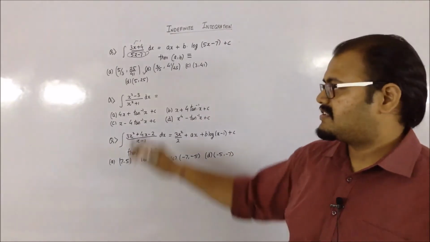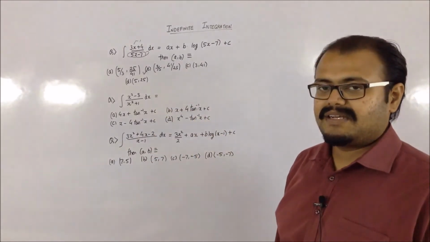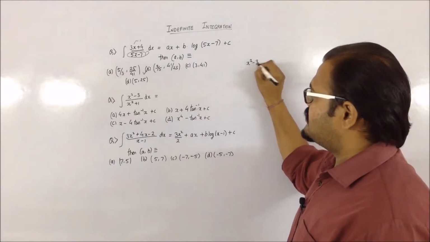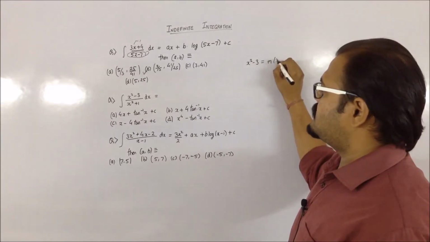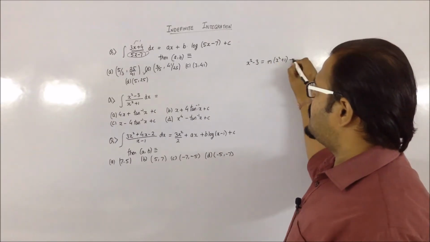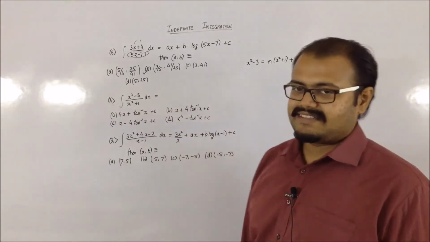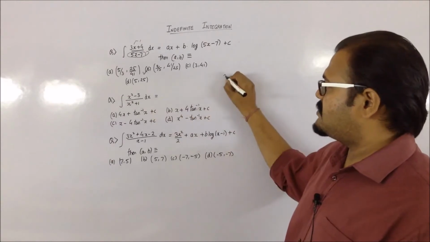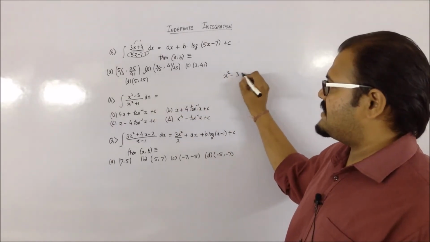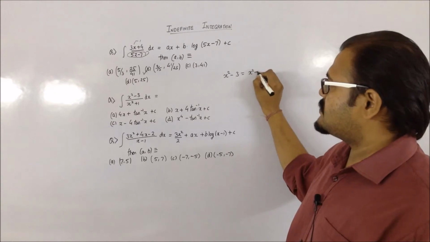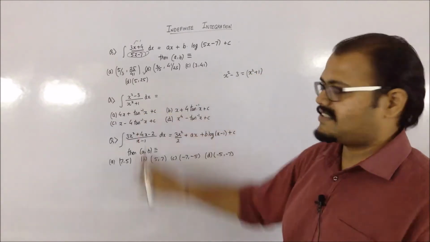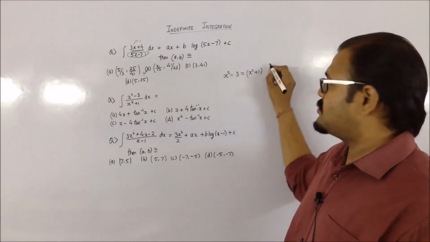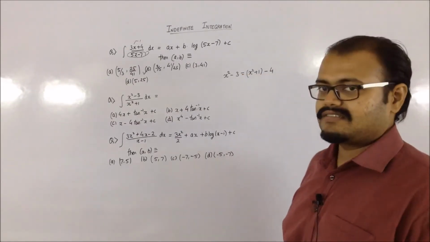Moving to the next one, you are again having a polynomial divided by polynomial. So you will be representing your numerator as m into the denominator plus n. But since it is quite simple, you can simply find out what it can be. So you can write your x square minus 3 simply as x square plus 1, because you require the denominator term, and since you require the minus 3, you have to have a minus 4 over here.